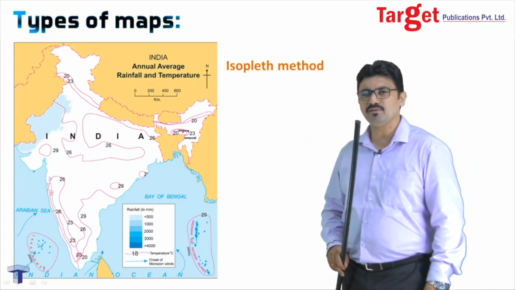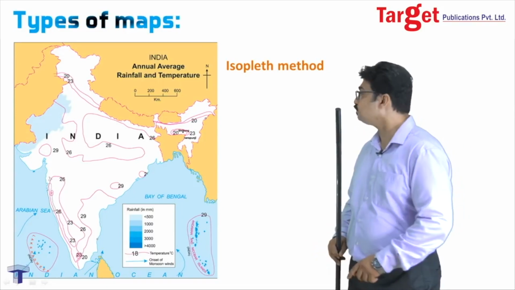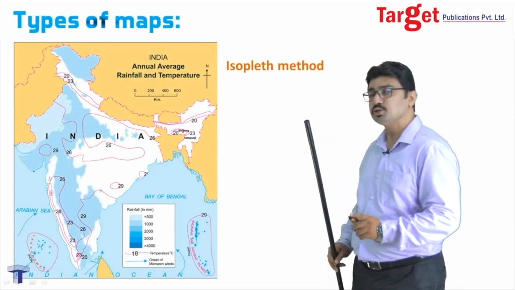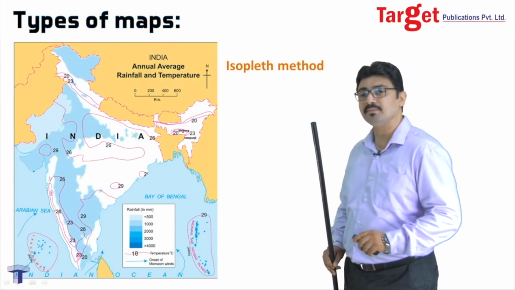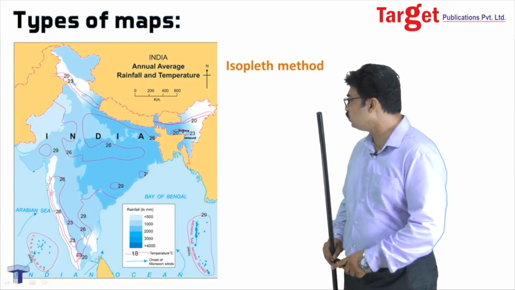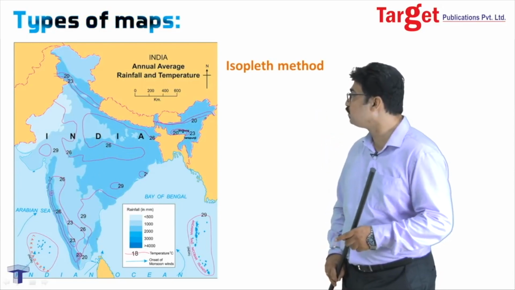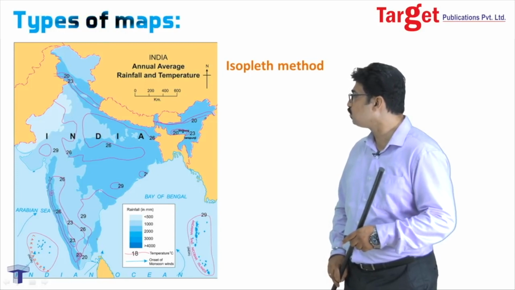Let us take another example of an isopleth map. With this same map, let us show another feature. Now, we can also show isopleth maps by shading in some colors like this. So, here we are trying to show the rainfall, right? We are trying to show the annual average rainfall with the help of isopleth maps.